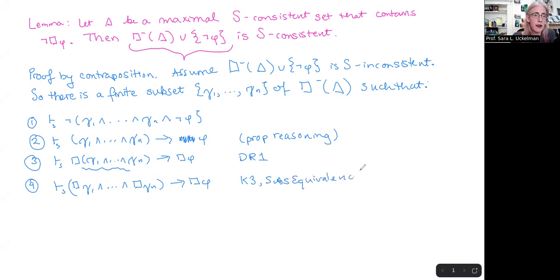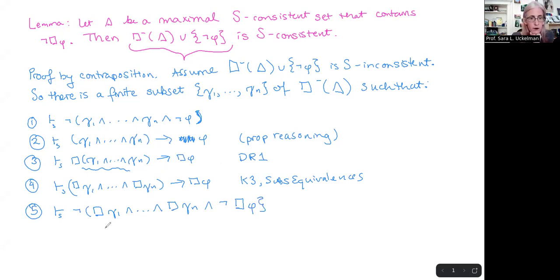equivalences. But then we can just use propositional logic to go back to something that we had very similar to the start. Sorry, that should be a parenthesis. Namely, that we have the negation of the conjunction of all of the gammas with boxes on the front and not box phi.